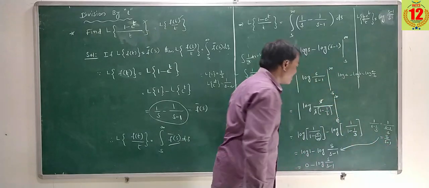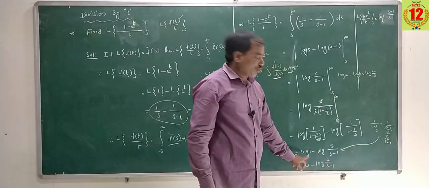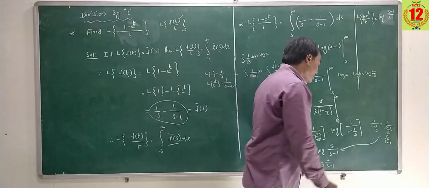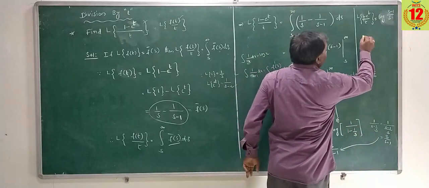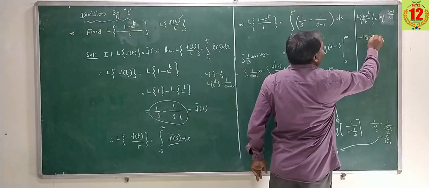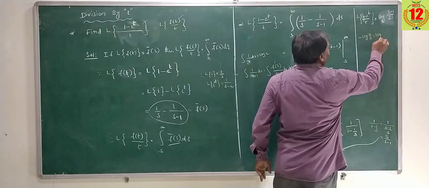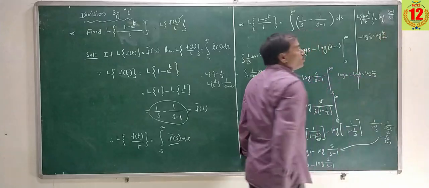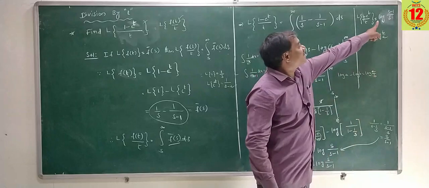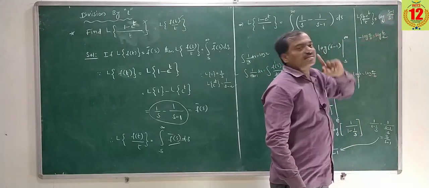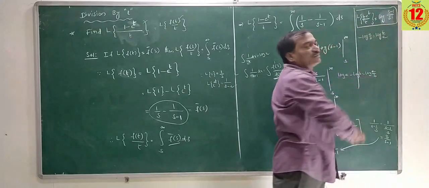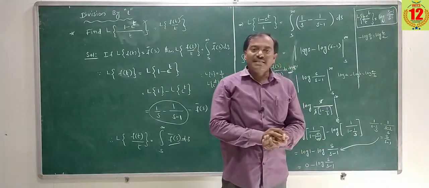Log 1 is 0, and minus log s by s minus 1 remains. Since minus log a by b equals log b by a, minus log s by s minus 1 can be written as log s minus 1 by s. This is the process of finding the Laplace transform of 1 minus e power t by t.